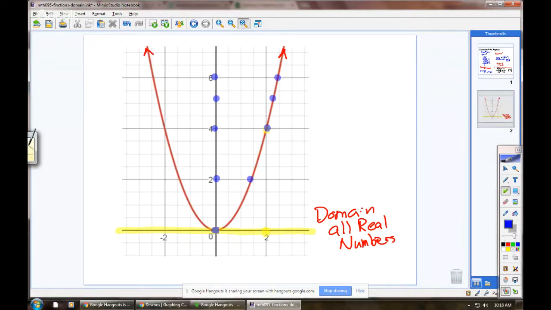So looking at the y-axis here related to this graph, it would seem that the range, the y values, are only y values that are greater than or equal to 0. Okay? You're going to use something called interval notation to tell the computer what your answer is.